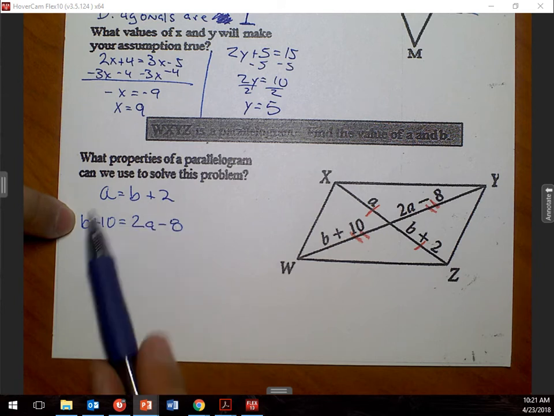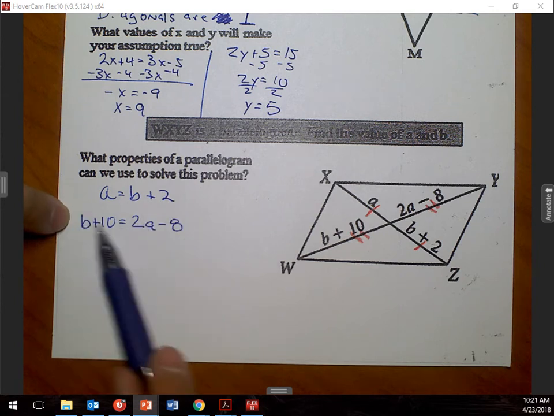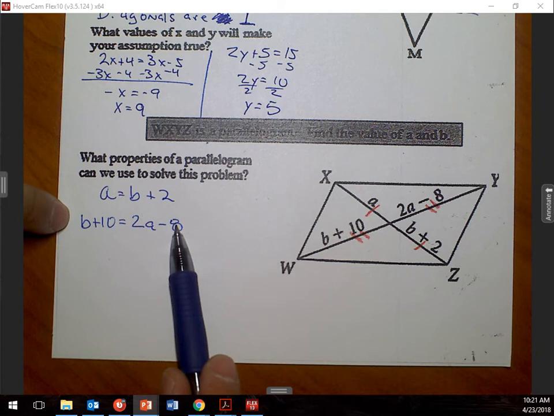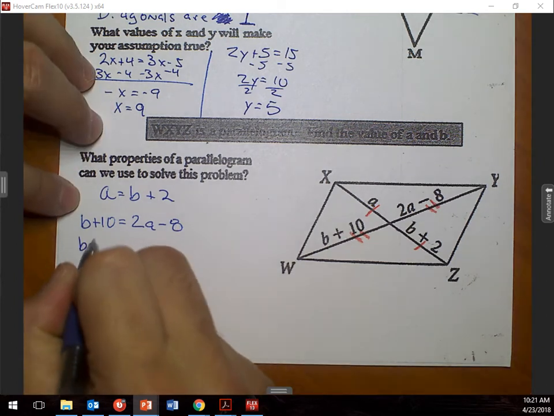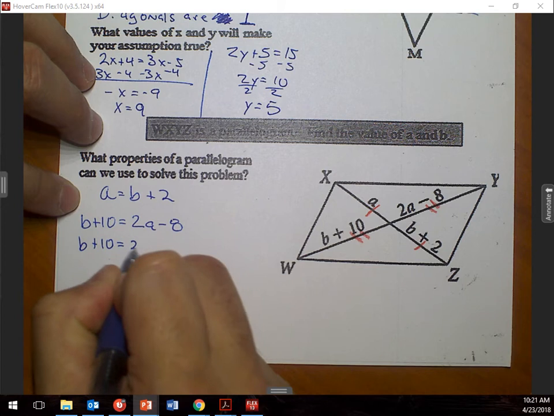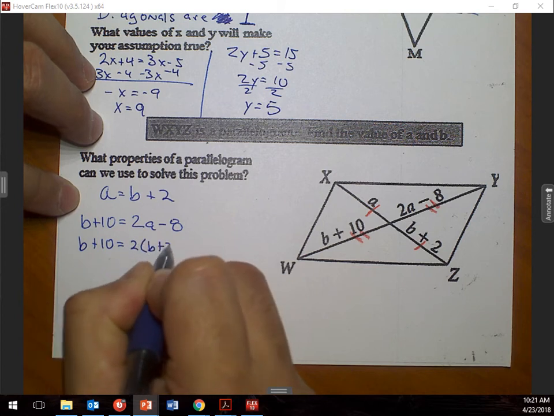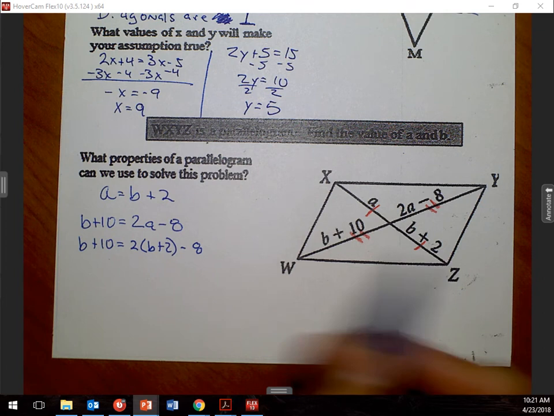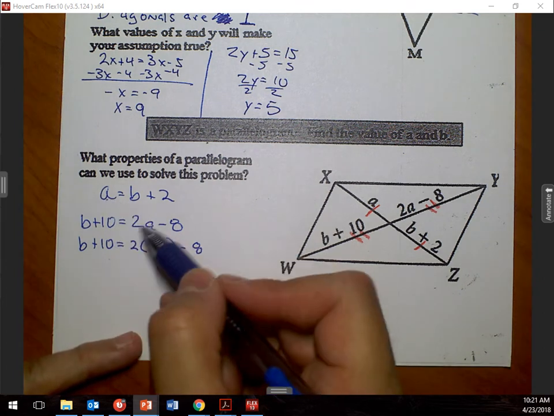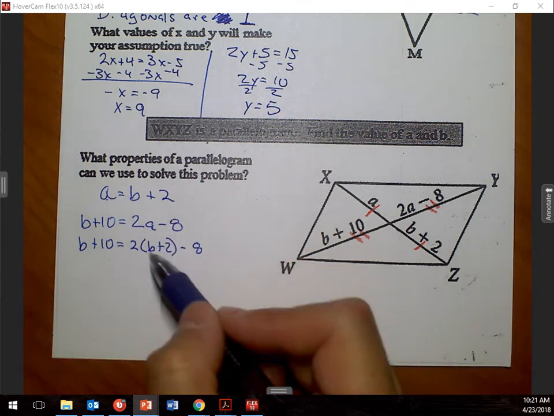What is that going to do for me? Is there going to be any a's left in this one? No. I could solve for b then. b plus 10 is equal to 2 quantity b plus 2 minus 8. So I replace the a value with b plus 2.